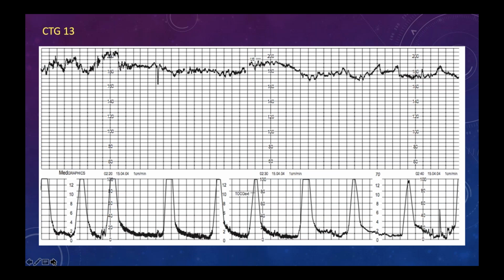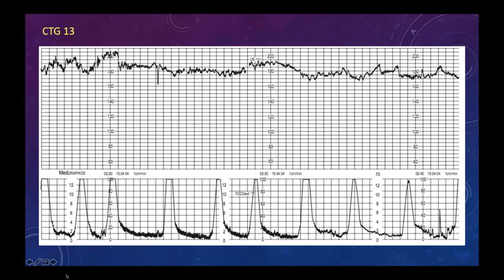We don't see a deceleration, but because it is tachycardia with tachysystole, you can say hyperstimulation with tachycardia. So it is abnormal because it's more than 180. So it's an abnormal CTG with hyperstimulation.